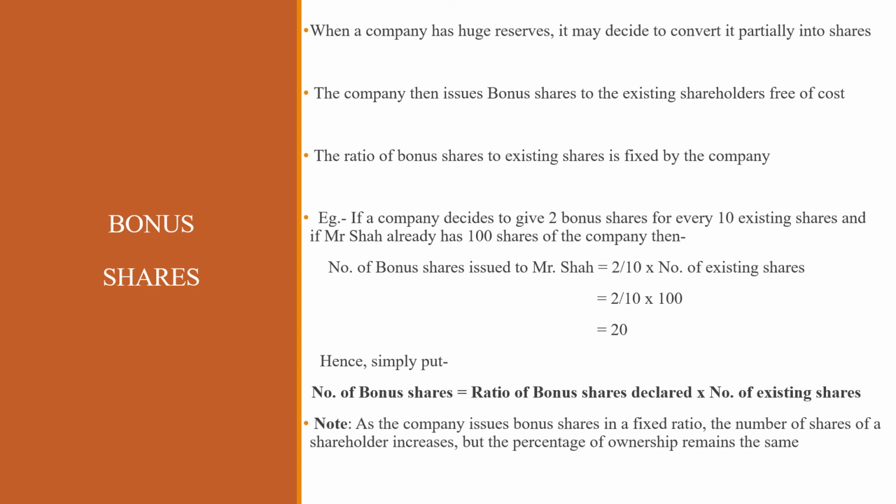Hence, simply put, the number of bonus shares issued will be equal to ratio of bonus shares declared multiplied by number of existing shares. One has to note that as the company issues bonus shares in a fixed ratio, the number of shares of a shareholder increases, but the percentage of ownership remains the same.